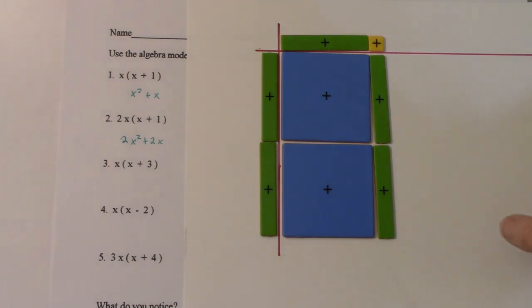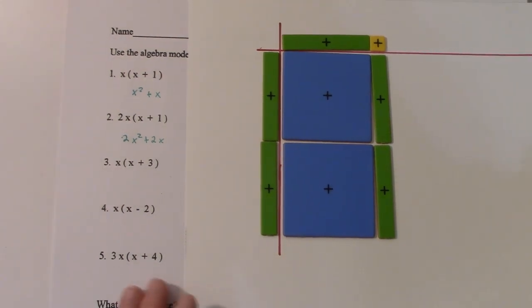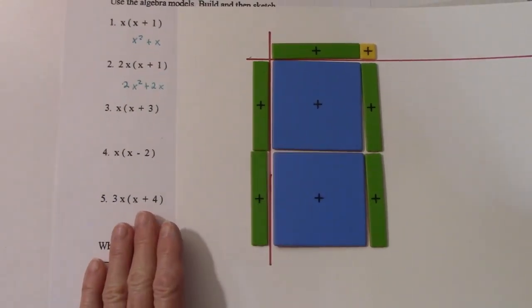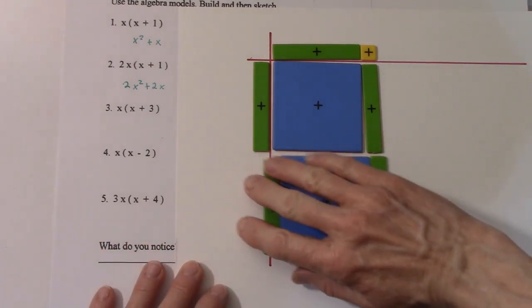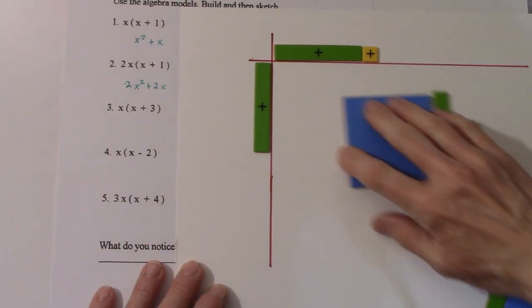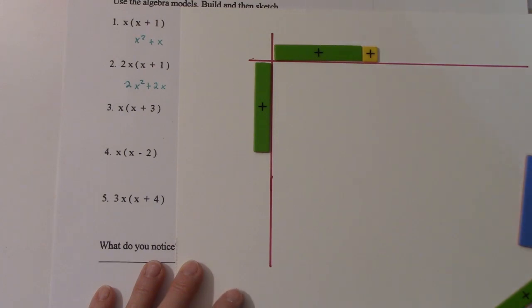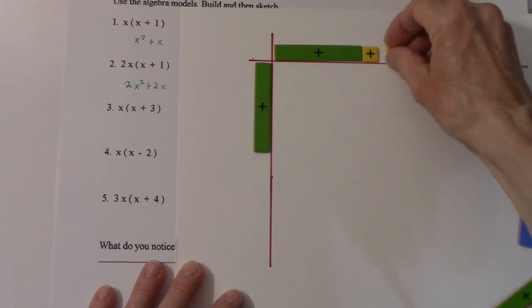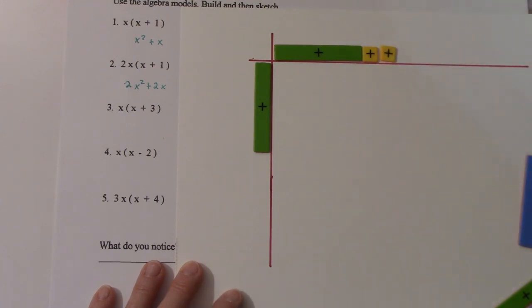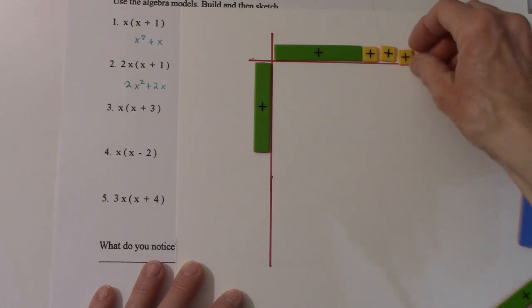For the next example, I have x times x plus 3. So it's x plus 1, 2, and 3.